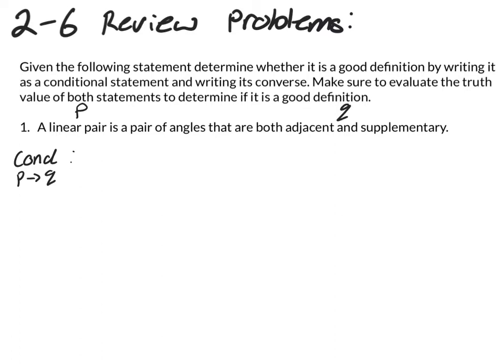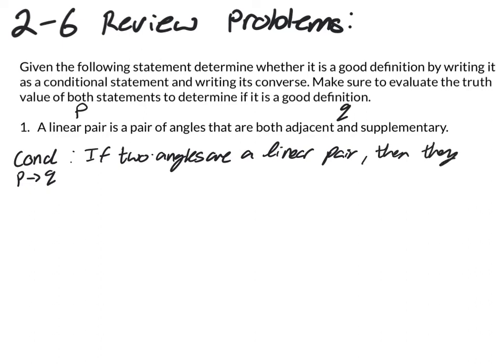I'm going to let that be my Q. So to write this as a conditional statement, I'm going to say, if 2 angles are a linear pair, then they are both adjacent and supplementary.